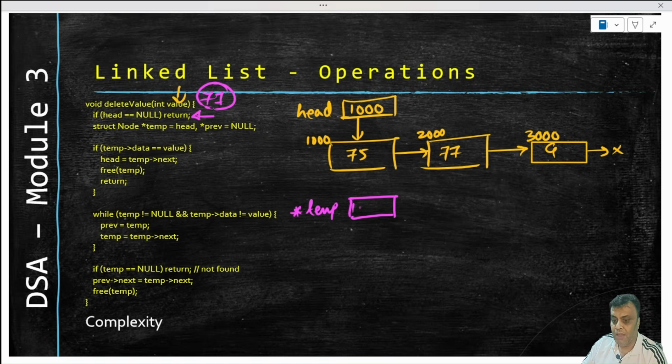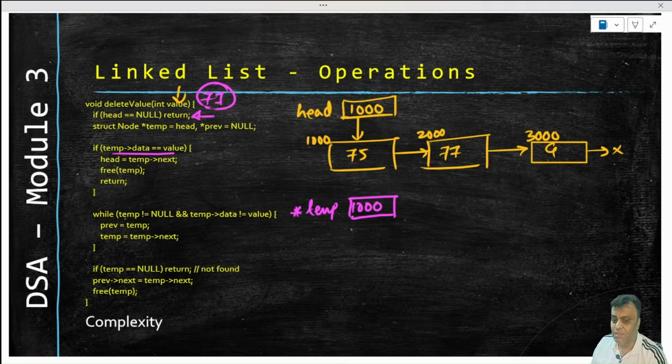So temp should have head to start from the root node, and from temp what are we trying to search? We are saying temp, wherever you are pointing, what is your data? Is your data equal to the value 77? 75 is there? No. Then what do I do? I will say head equal to temp arrow next.